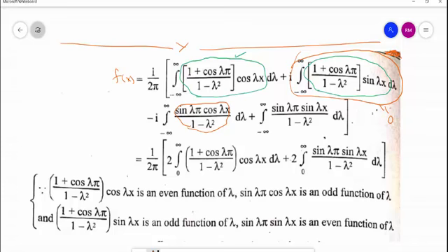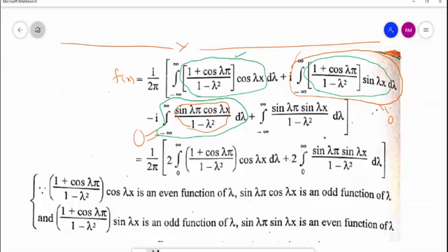So even upon even is even, and even into odd is odd. That's why the integration from minus infinity to plus infinity of this will be 0. So this term will vanish; the second and third terms will vanish.